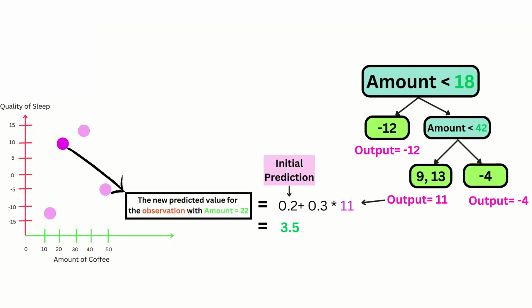Similarly, for another observation with an amount 22, we derive new prediction using initial prediction. In this case, new prediction is 3.5.